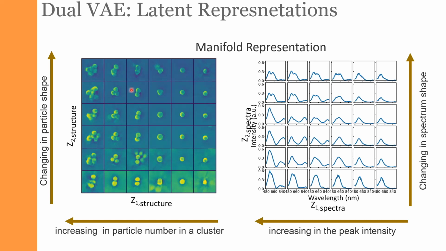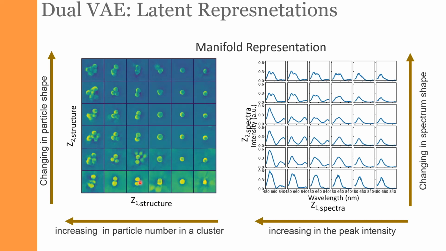In this case, it turns out that we can train the dual encoder-decoder with just 300 examples, which is really impressive because the number of examples is well below the dimensionality of the data set.